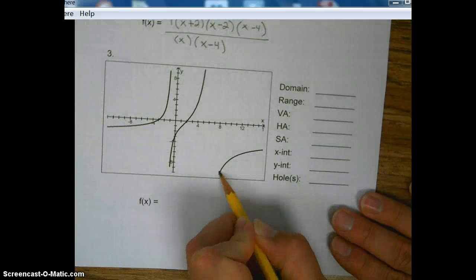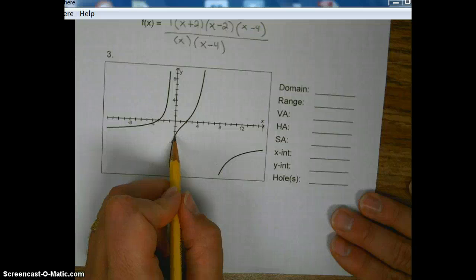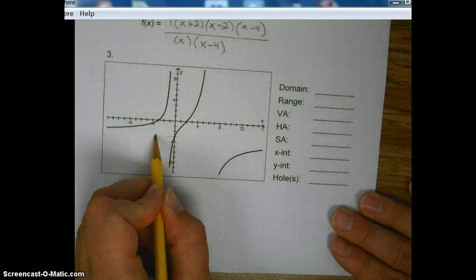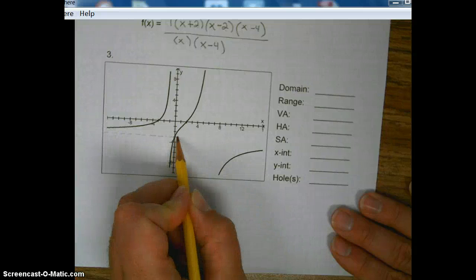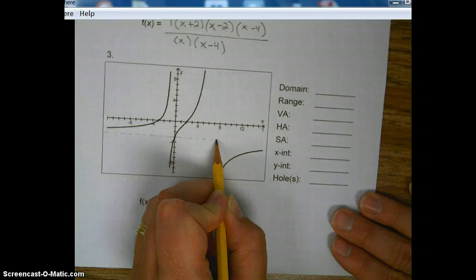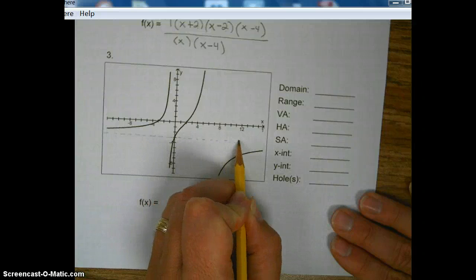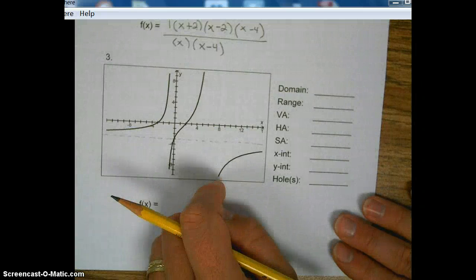And the same thing on this side, it's flattening out here. So it does have a horizontal asymptote. Remember what I told you. Graphs can cross horizontal asymptotes, never vertical asymptotes.